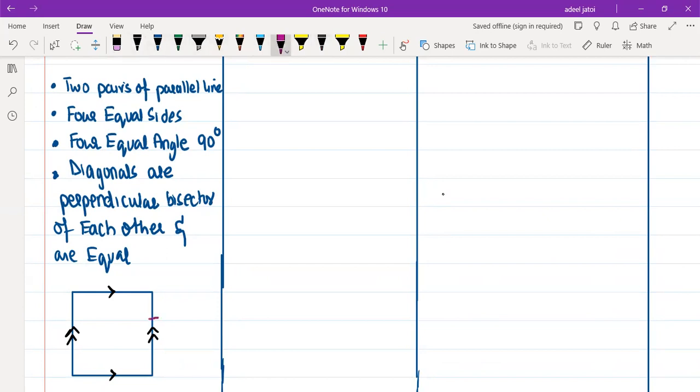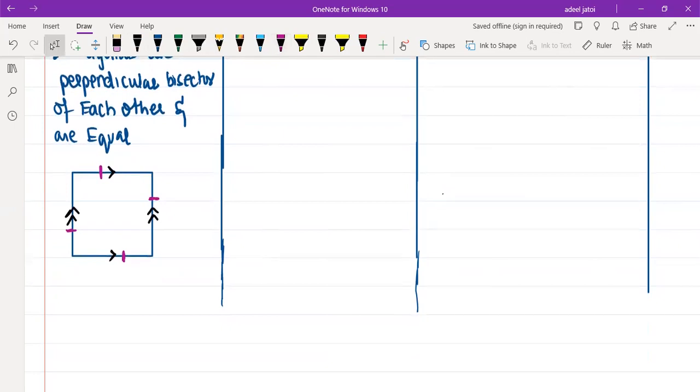This side, this, these all are equal in length. Then four equal angles equal to 90 degrees, which means each corner creates 90 degrees.